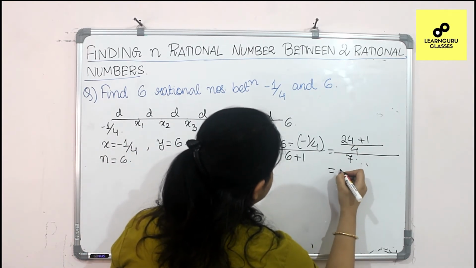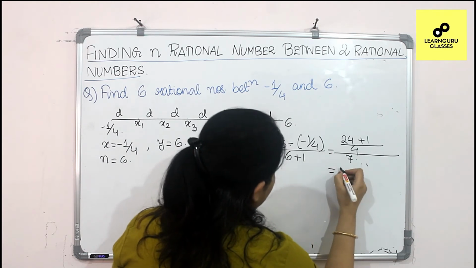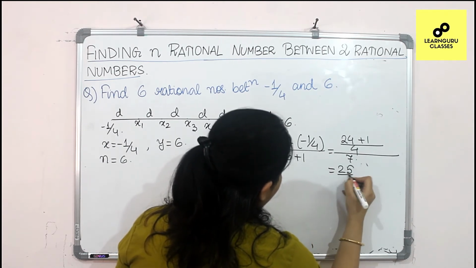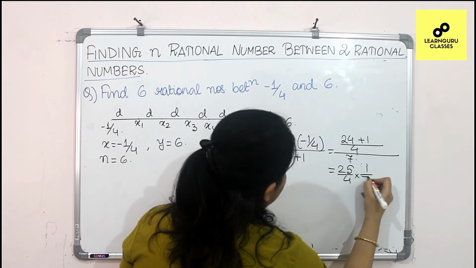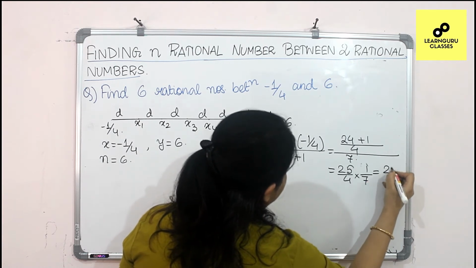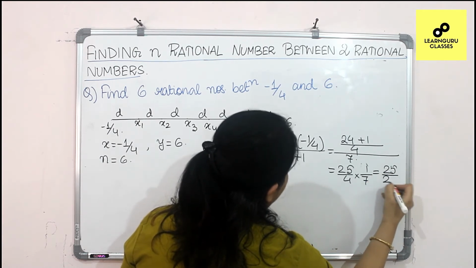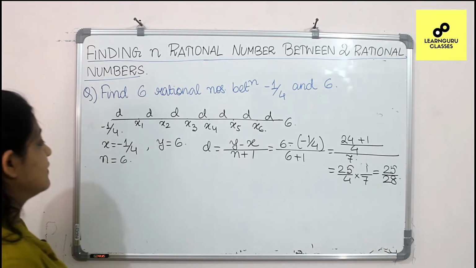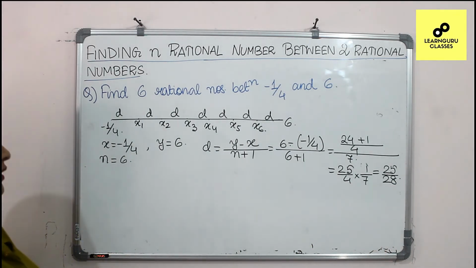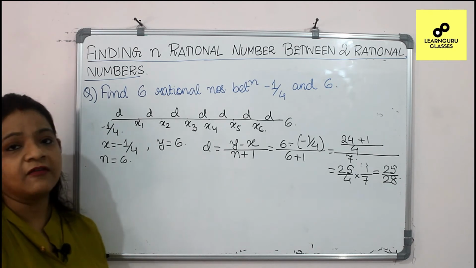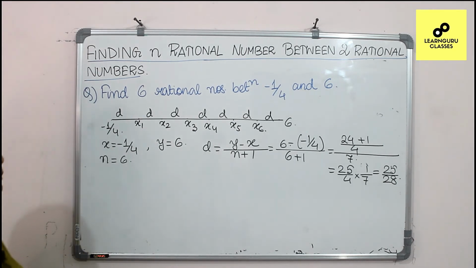So you are getting 25 by 4 into 1 by 7. So that is you are getting 25 by 28 as the value of d.